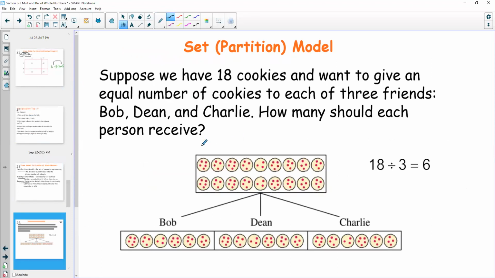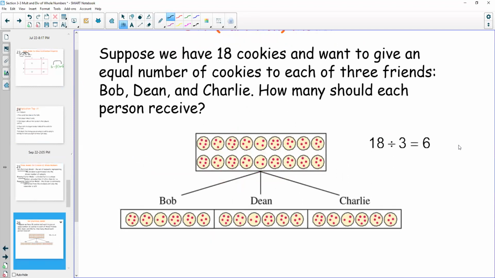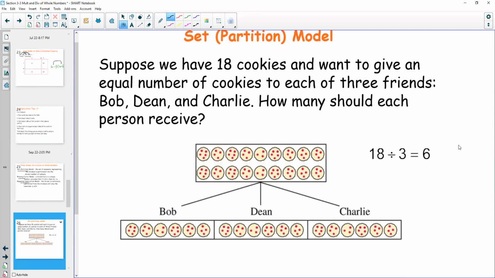So when we think of set partition, it really is exactly what it sounds like, and it is the most common sort of little kid version of a problem. It's something you do all the time. We have 18 cookies, and we want to give an equal number of cookies to 3 friends. So how many does each person get? What you would literally do with kids to start this is you would give them bingo chips, or cookies if you're feeling crazy, or some sort of representation of 18, and ask them to pass them out to 3 friends and see how many they get.